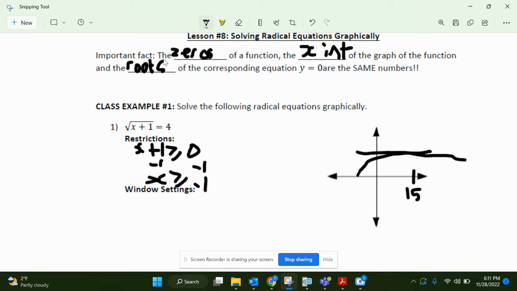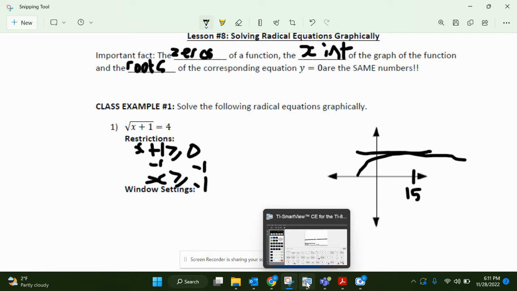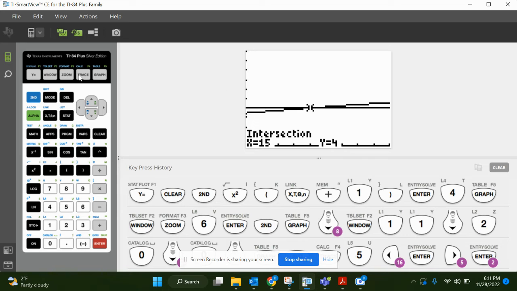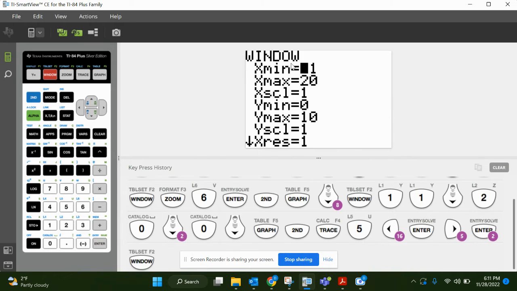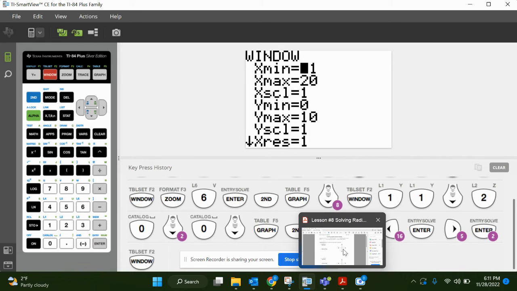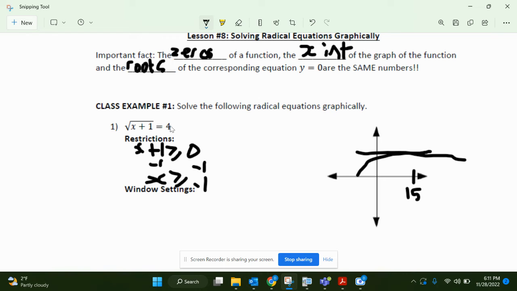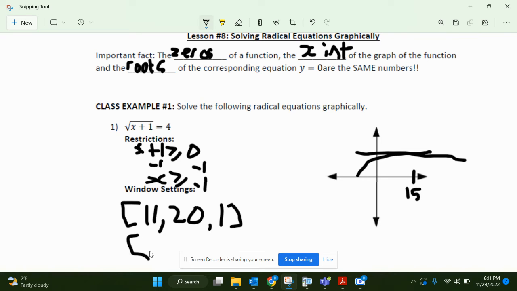The window settings were 11 for the min, 20 for the max, goes up by 1, and then for y, I had 0, 10, and 1.